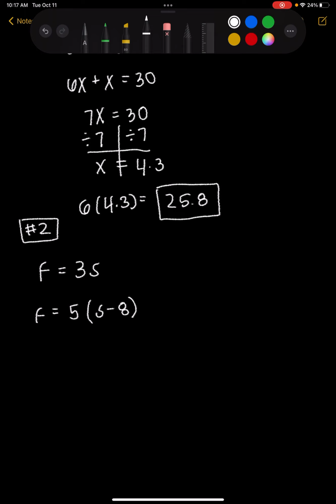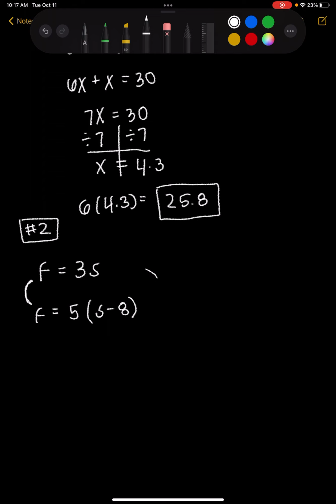So this is a little bit different way to set it up than what we just did, but in these cases when you're talking about age, it's easiest if you can set the two things equal to each other. Notice that you have the 2 fathers that are both equal to something. If I have 2 things that are equal to F, then I can actually set them equal to each other.